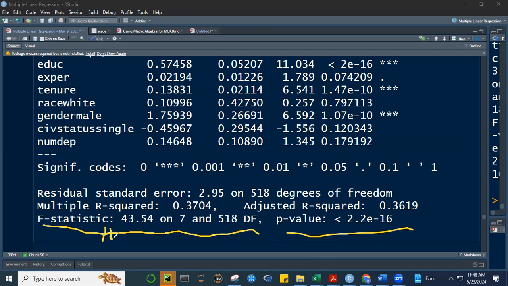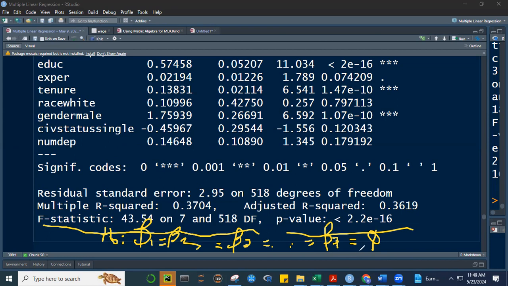The reason why it's called joint is because you're testing that beta 1 is equal to beta 2 is equal to beta 3 is equal to, until beta 7, because there are 7 predictors, excluding the intercept, and they are all equal to 0. So this is the joint test, or the goodness of fit test, or the analysis of variance.